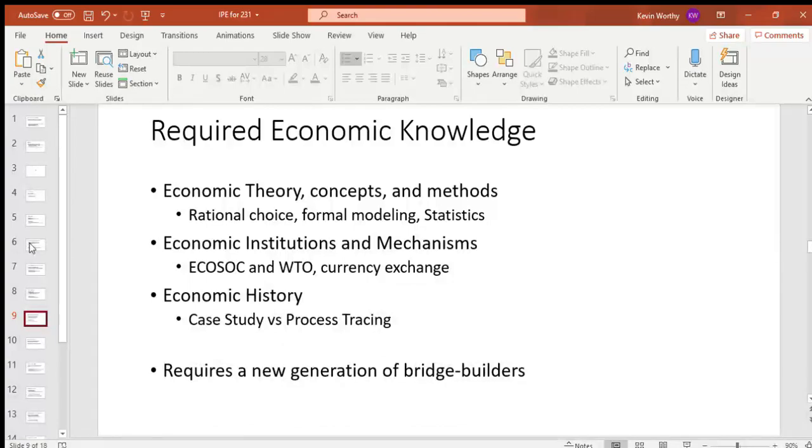We also need to start engaging with these economic institutions and exchanges. Within the UN is a committee called ECOSOC, the Economic and Social Council, and they combine these things. They say, here are some social issues, here are some economic issues, let's try to find some political solutions. We've already talked about the WTO.